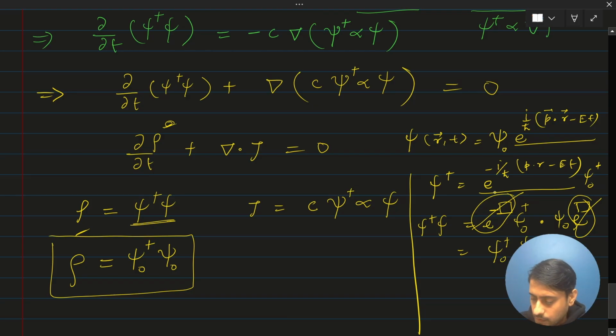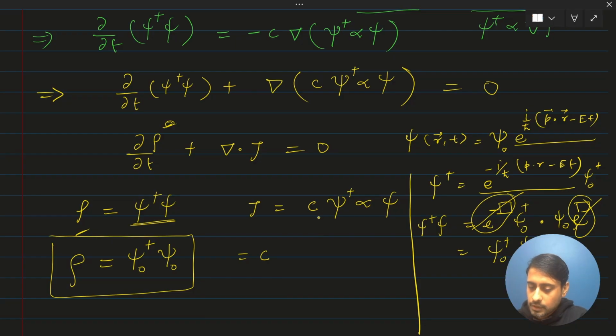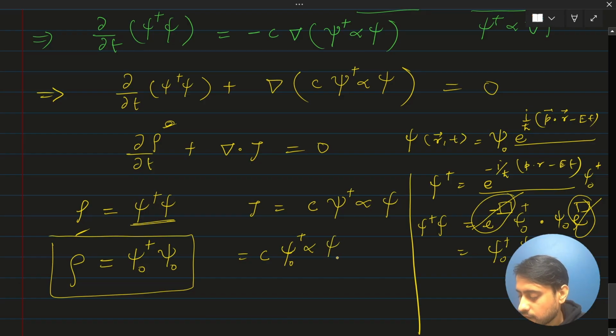Now we can find the j also. So j can be written as c, and we have alpha. You can also write it in the same manner, c psi naught dagger alpha psi naught.